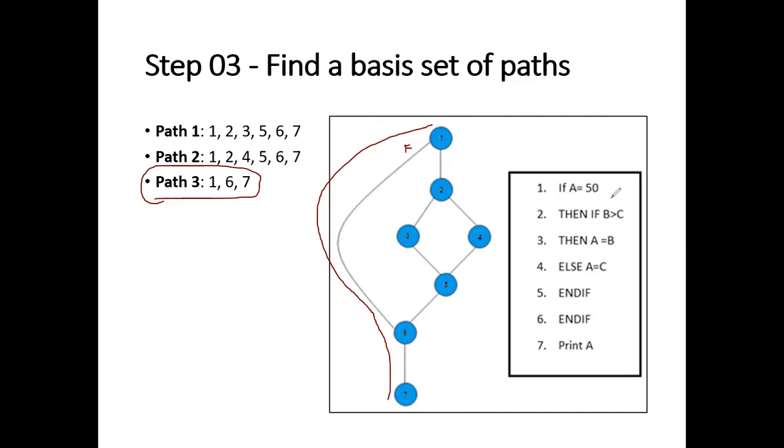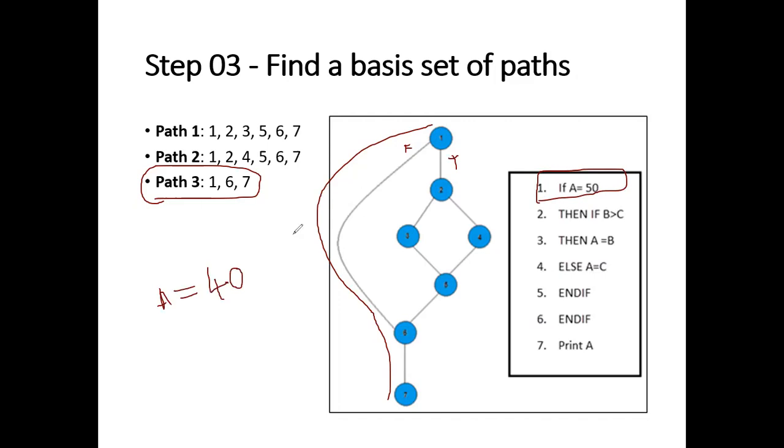Only if it's equal to 50 does it go to the true path, right? So instead of that, we have to enter whatever value makes this first statement false. In that case, we can take some value, something like A equals 40.